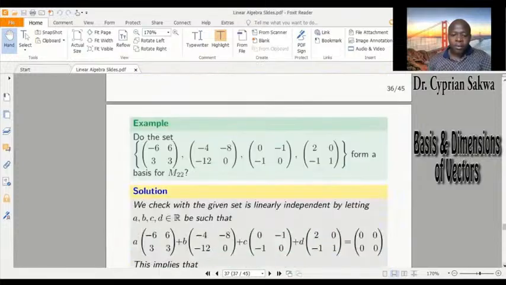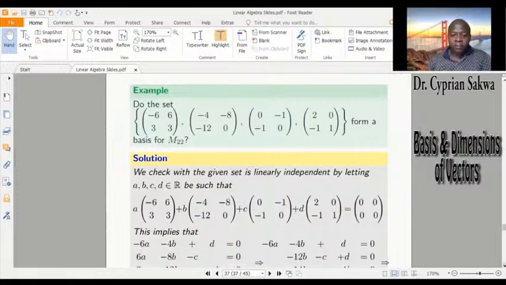Then I also look at an example now using matrices. The question is, do these matrices, 1, 2, 3, 4, these are 4 matrices, do they form a basis of M22? So the same thing. We want to see whether they are linearly independent.